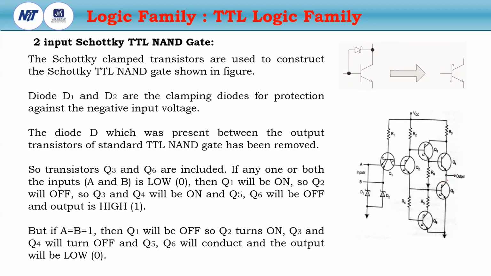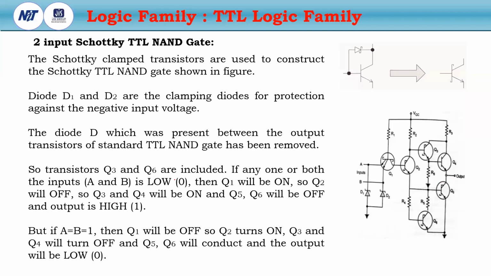The Schottky diodes D1 and D2 are clamping diodes for protection against negative input voltage, that is, the negative surge current. They prevent damage to Q1 from the negative surge current. These are the clamping diodes, but here there is no diode.